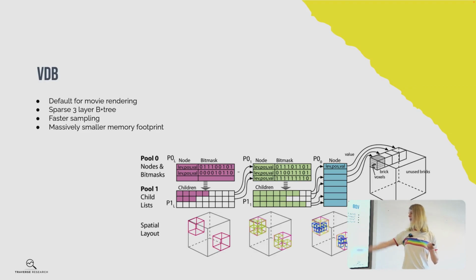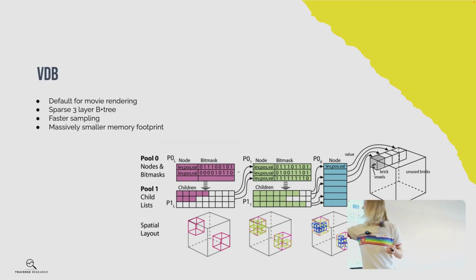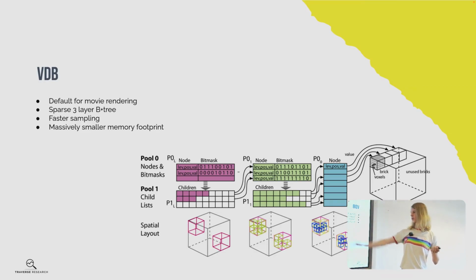It uses 3 layers, as you can see here by the arrows. There are 3 indirections. There's the top level node, the middle level node, and then there's the leaf node, and the leaf node points into your actual voxel data. The voxel data is a density field of, for example, water particles of a cloud or smoke particles.